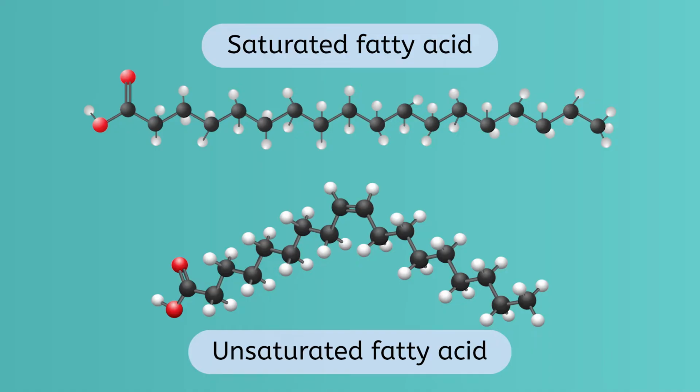And because this fatty acid contains only 1 double bond, it is called monounsaturated. Do you notice anything different about the shapes of these 2 fatty acids? The saturated molecule has a straight shape, whereas the double bond gives the unsaturated molecule a kinked, meaning bent shape.